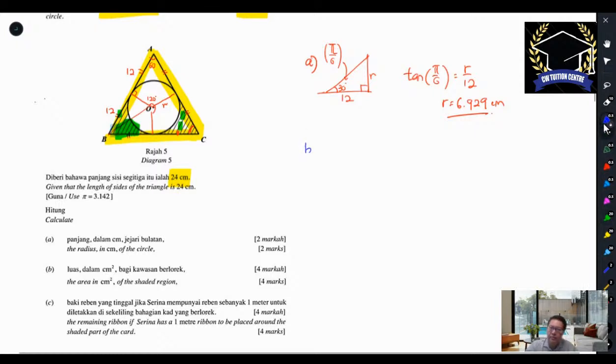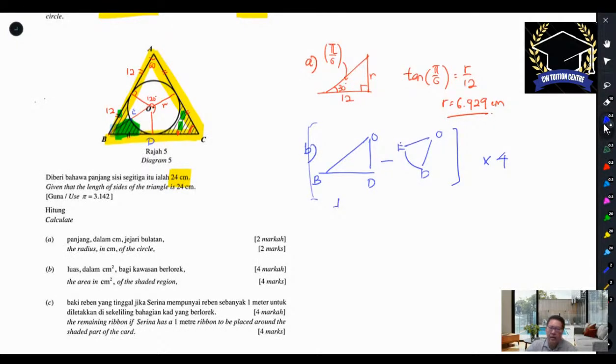Part B, we are finding the area of this OB, let's call it D, minus the OD, let's call it E. So the whole thing you times 4. That's the idea. So let's start.